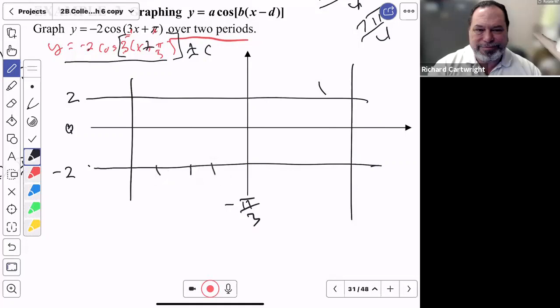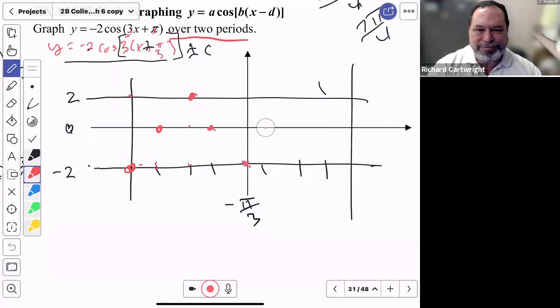1, boom, boom, 1, boom, boom. And it's going to look like this. I'm just going to draw the picture first, then I'll worry about my numbers. Upside down cosine means it doesn't start on top, it starts at the bottom. Goes up to the next tick mark, goes up all the way, comes down, boom.